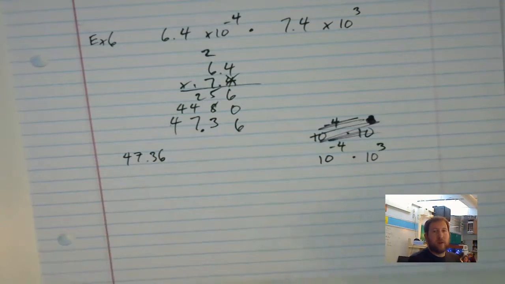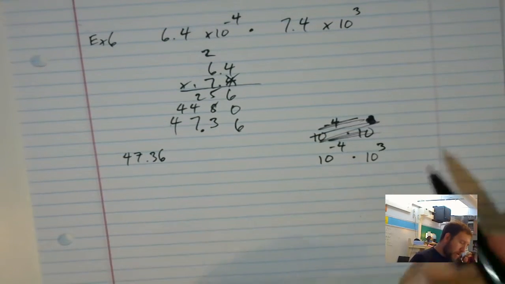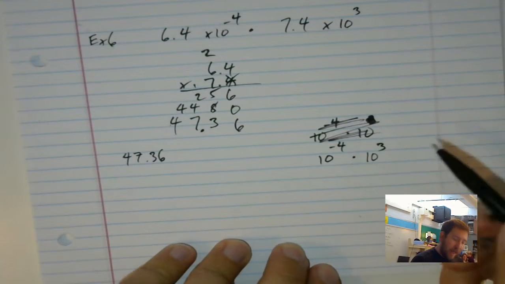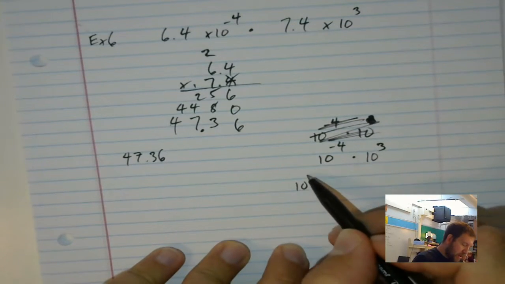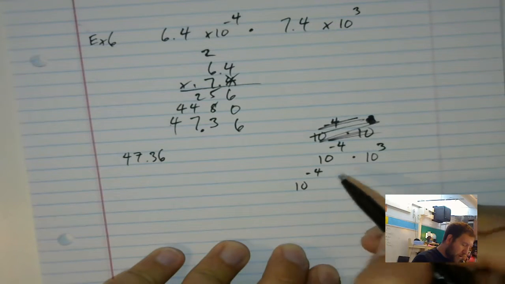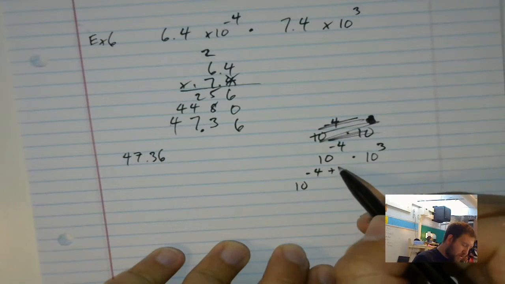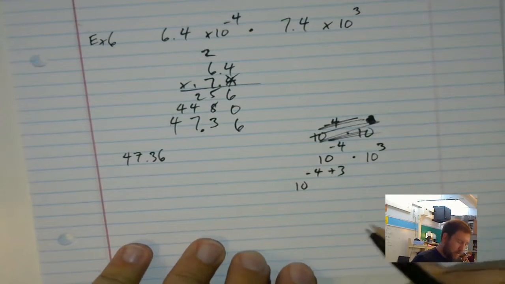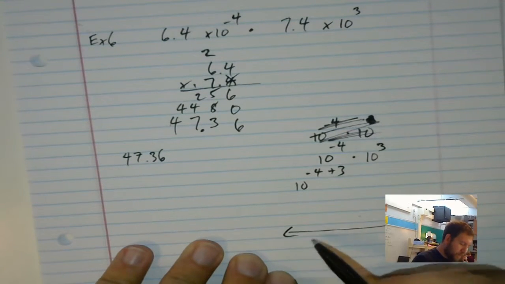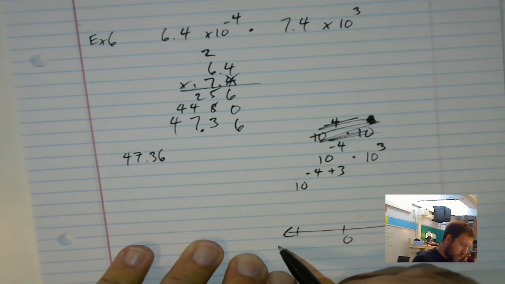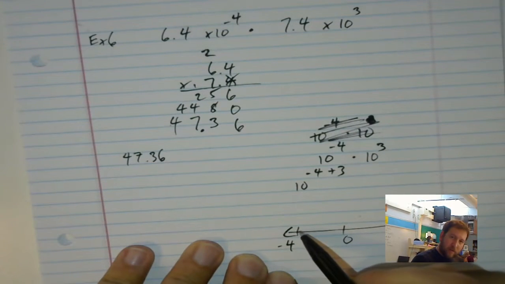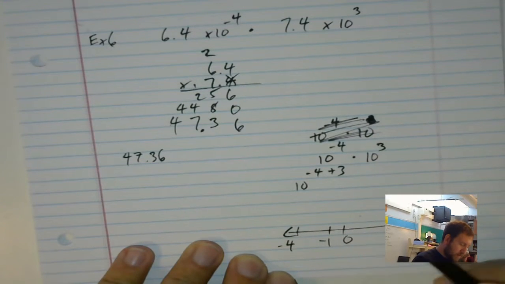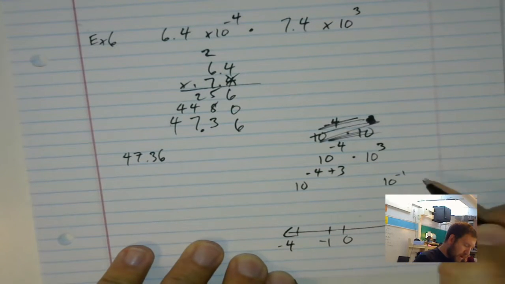Okay, so we are adding these, but I'm going to have a negative number in here, because remember, whenever I multiply, I add them. So I can say this is 10 to the negative 4 plus 3. Negative 4 plus 3, that's kind of remembering back to our number line. And I can count this way up 3, negative 4, so I'm really at negative 1. So I have 10 to the negative 1.